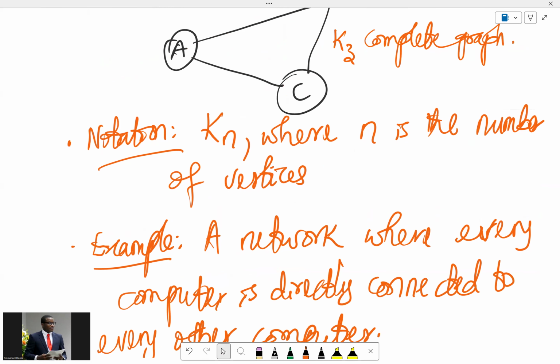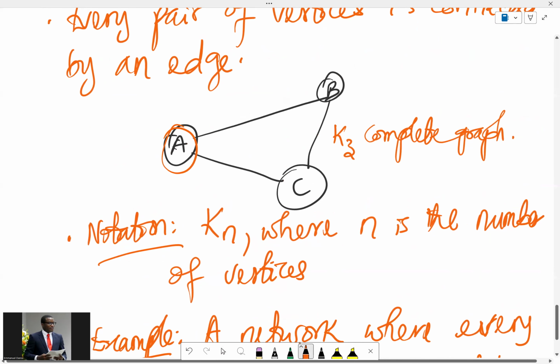Okay, just like what I have here. If this is computer A and this is computer B and this is computer C, then A is connected to B, A is connected to C, C is connected to A, C is connected to B, B is connected to A, B is connected to C. So that's the idea of a complete graph.